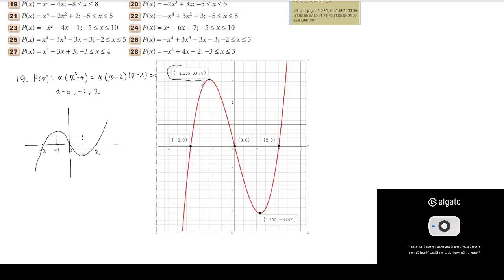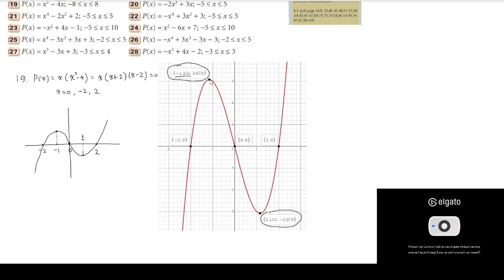This is the coordinate for the local maximum, and this x value is not quite negative 1. It's negative 1.155. And for the local minimum, the x coordinate is 1.155, which is not quite 1. So there's a slight difference in these values.